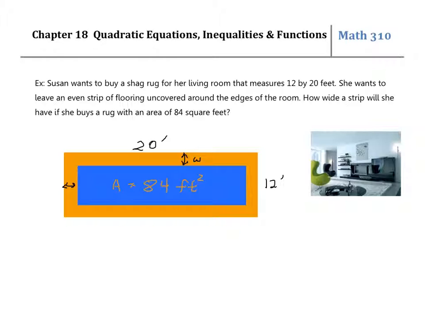Now the formula we're going to use is that area equals length times width. We do know the area of the whole room, but that doesn't help us any. We know the area of the carpet, it's 84 square feet, but we don't know the length or the width.